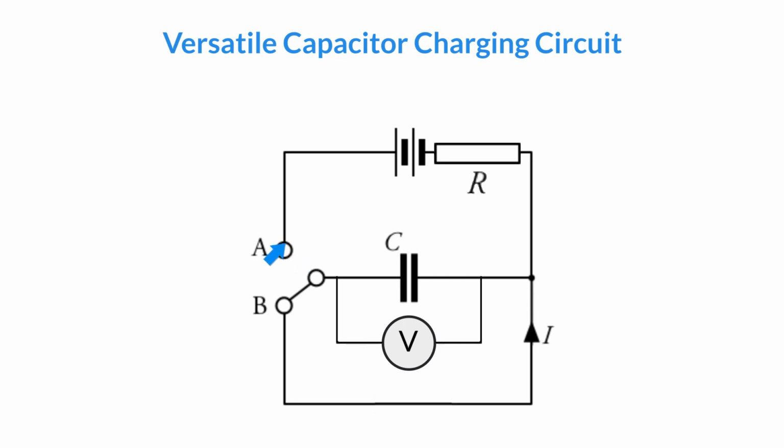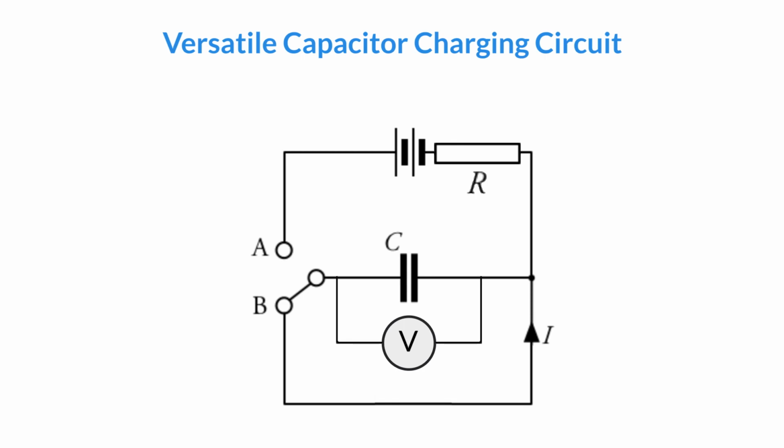So when I switch this to A, there'll be a long process of charging the capacitor, and we can make it even longer by increasing this resistor. When we flip to B, that will be an almost instant discharge because there's no resistance in this circuit. And so if you were investigating charging, you would set it up like this.